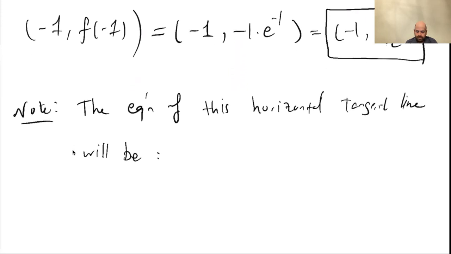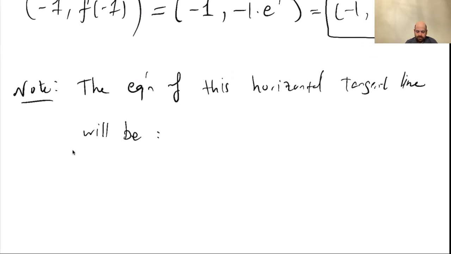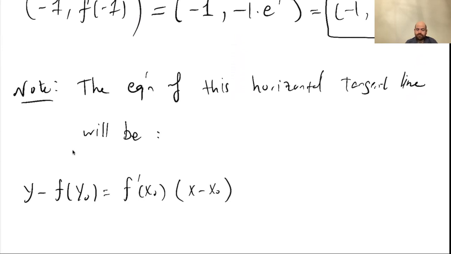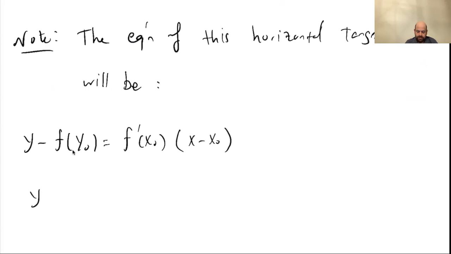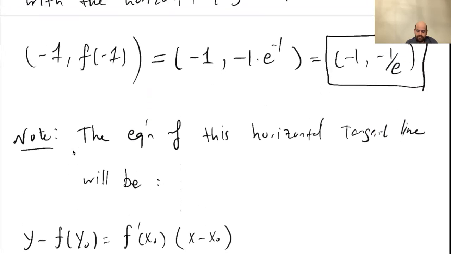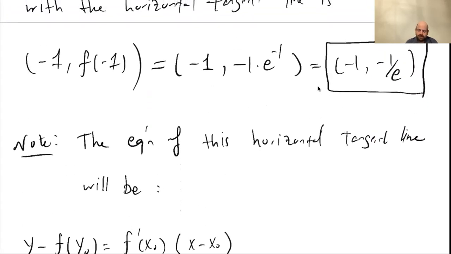The equation of the horizontal tangent line is y minus y0 equals f prime of x0 times (x minus x0), right? This is my point: this is my x0, and this is my y0.